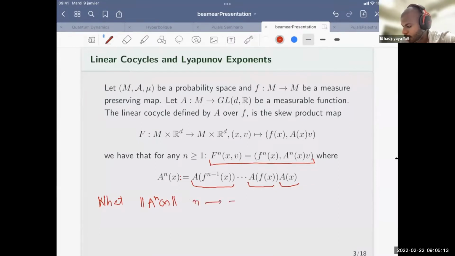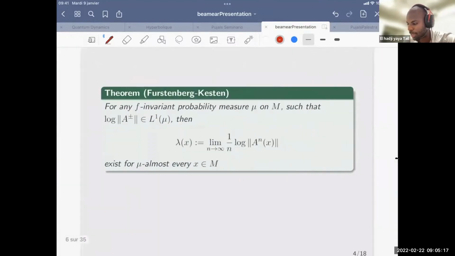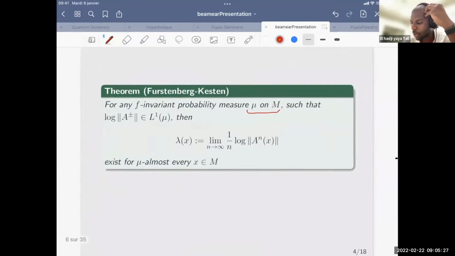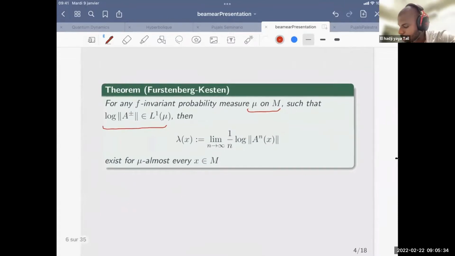The answer is given by the following theorem of Furstenberg-Kesten. If you start with any invariant probability measure mu on M such that the logarithm of the norm of A is integrable, then this limit exists for mu almost every x.